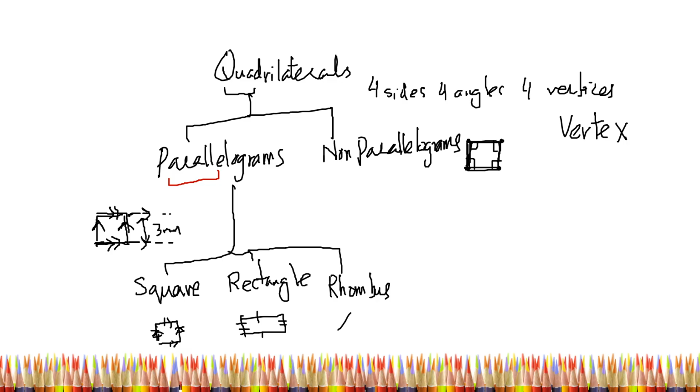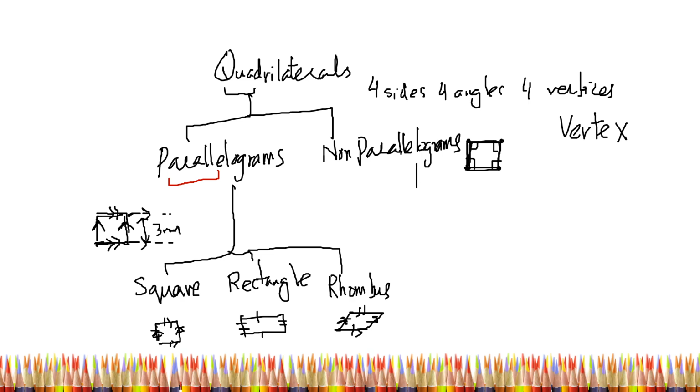Now rhombus is some shape like this in which all the sides are equal. It can also be a square. Rhombus can also be a square, or square can also be a rhombus. But see, in this case we have both of the opposite sides parallel, they are never meeting, plus the opposite sides are also equal. That's the reason rhombus is also a parallelogram.